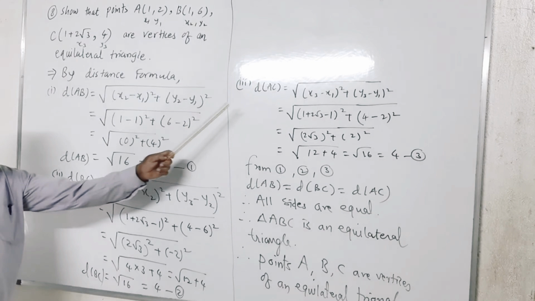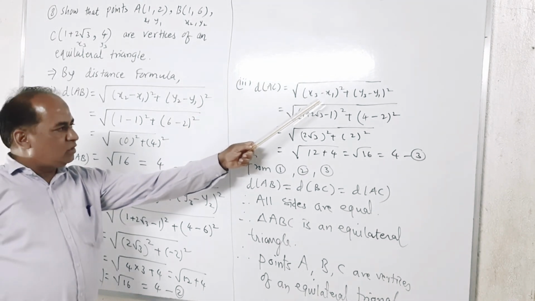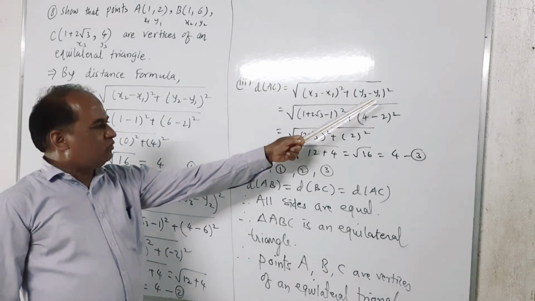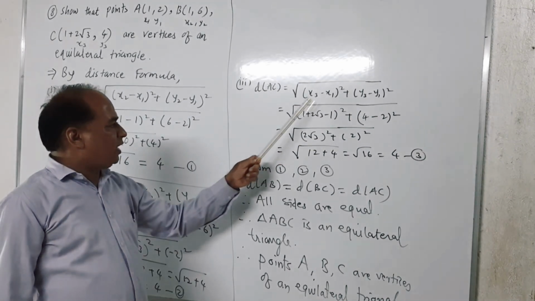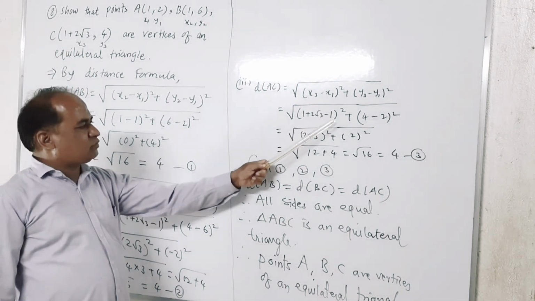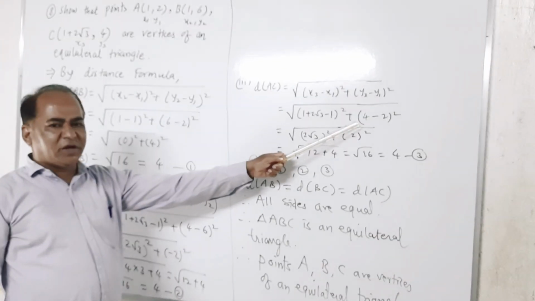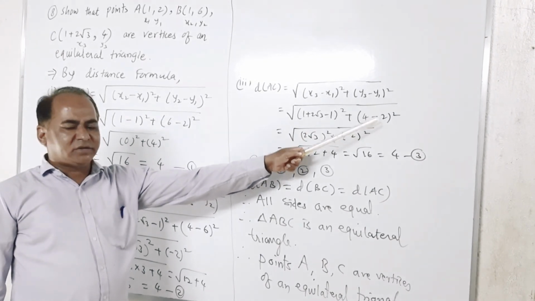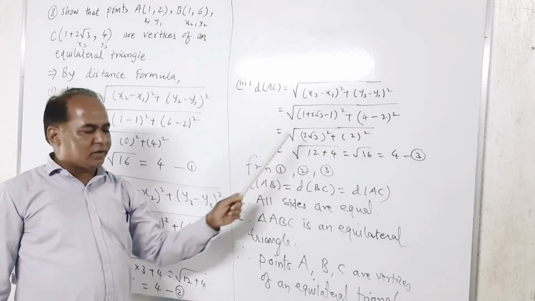Also by distance formula, distance AC is equal to square root of (x3 minus x1) square plus (y3 minus y1) square. Therefore x3, that is 1 plus 2 root 3, minus x1 which is 1, square, plus y3 which is 4 minus y1 which is 2, square.